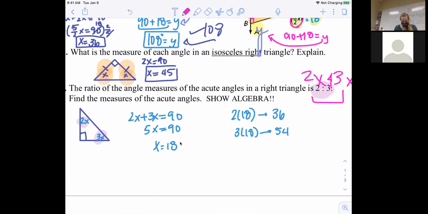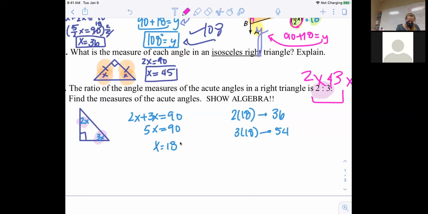Number 2 caused some problems for people. It says the ratio between the measures of an acute angle and a right triangle is 2 to 3. We've done ratios a little bit, and I know that you've done them before. You probably just haven't thought about them since like middle school. 2 to 3 means that you're doing like 2 times something and 3 times something. And in this case, we don't know what that something is, so we use x.